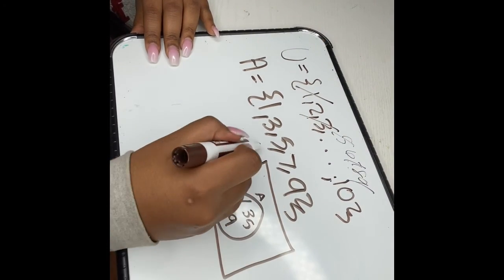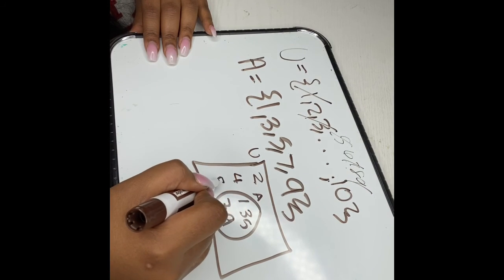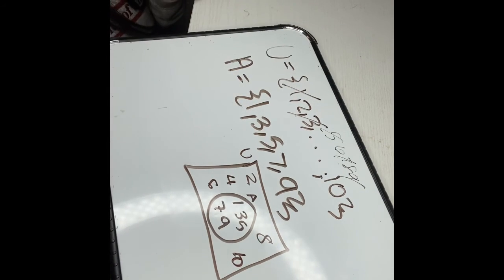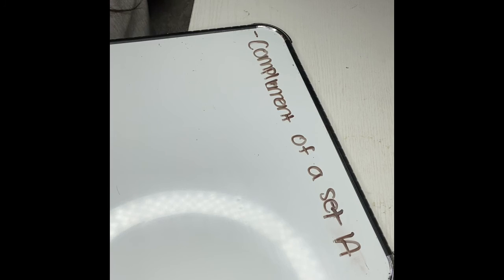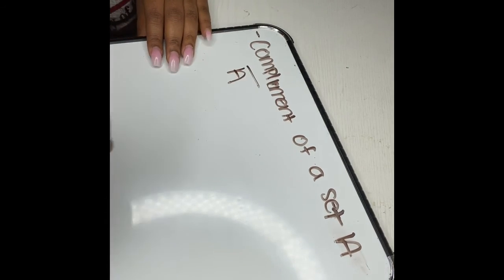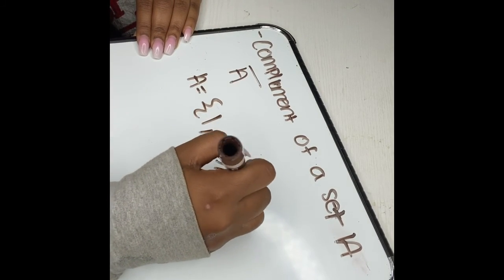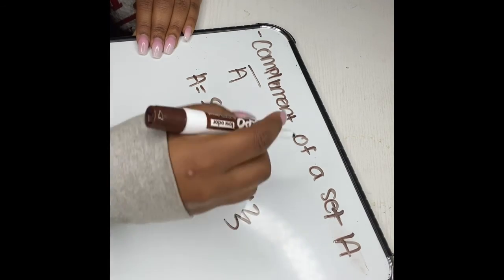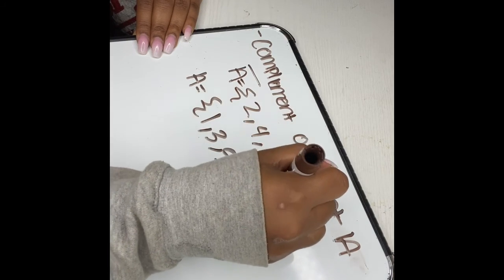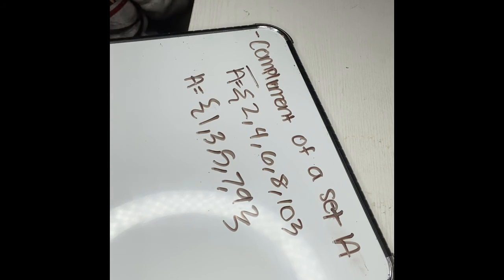So that only leaves us in the universal set with 2, 4, 6, 8, and 10. So now we are talking about a complement of set A, which looks like this. So if set A is 1, 3, 5, 7, and 9, the complement of set A is 2, 4, 6, 8, and 10, which is basically the opposite of set A.